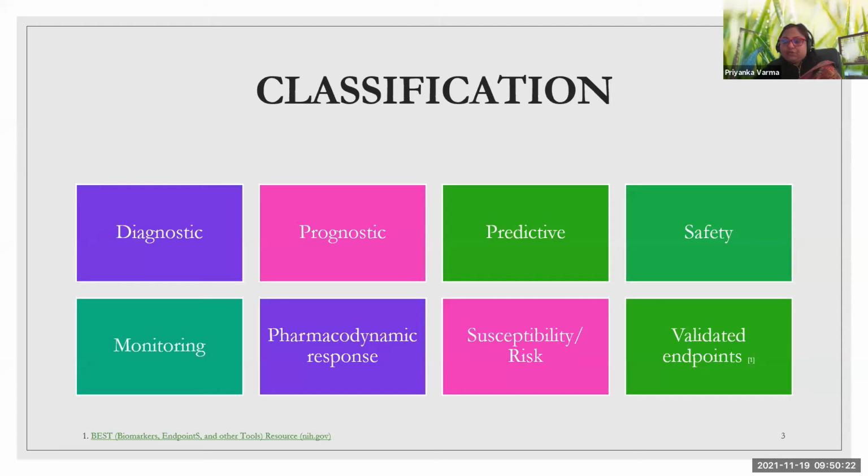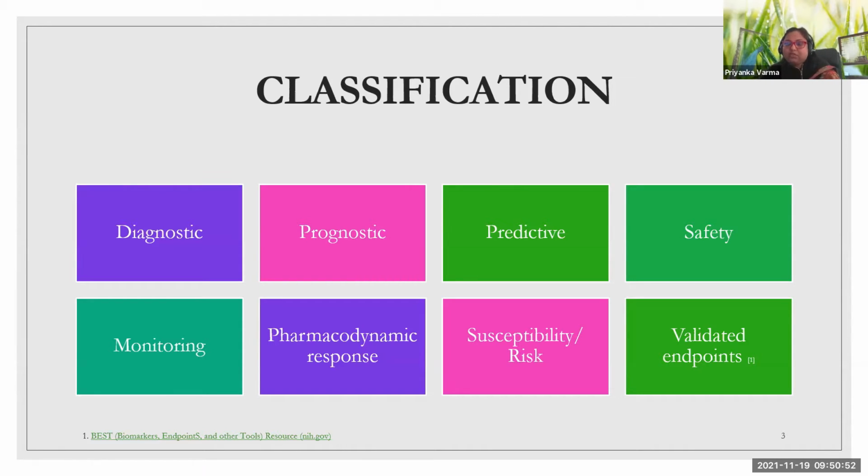The same working group classified biomarkers into various categories like diagnostic, prognostic, predictive, safety, monitoring, response, risk, and endpoint biomarkers. So, what exactly is a diagnostic biomarker? A diagnostic biomarker is used to detect or confirm the presence of a disease or the condition of interest, or to identify individuals with a subtype of the disease.